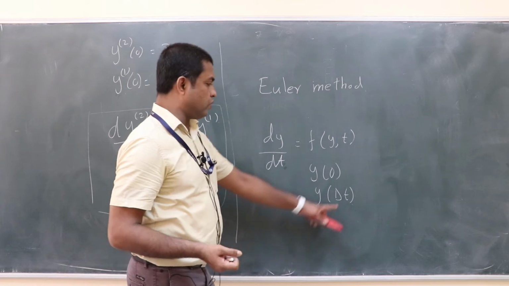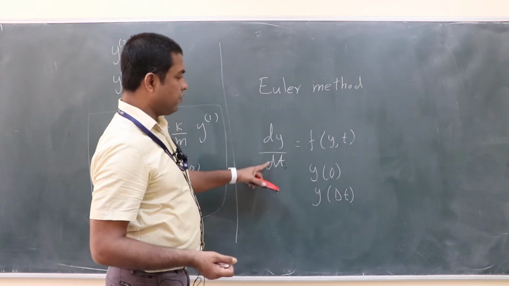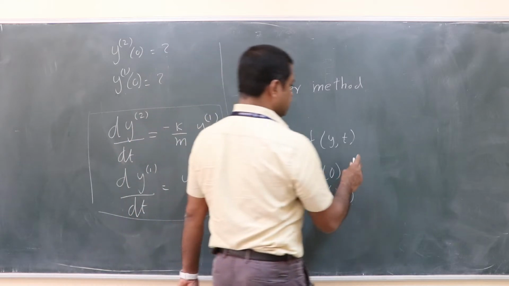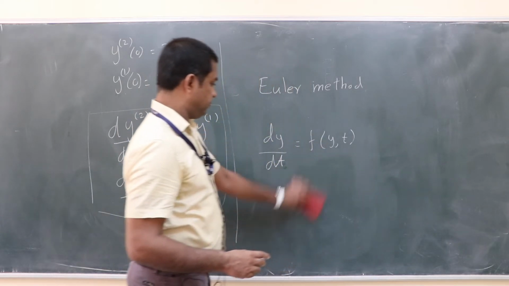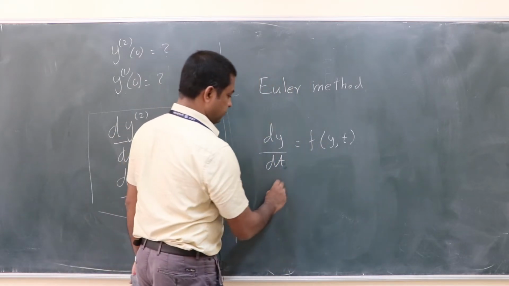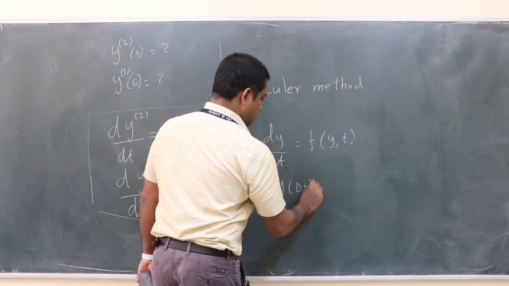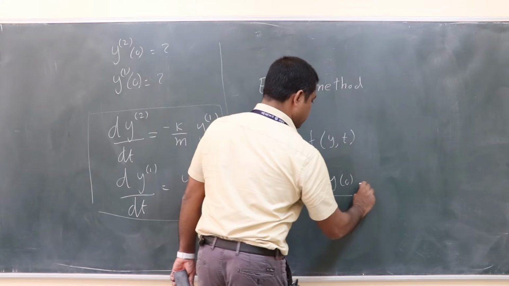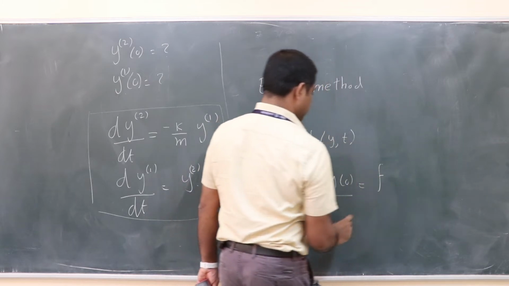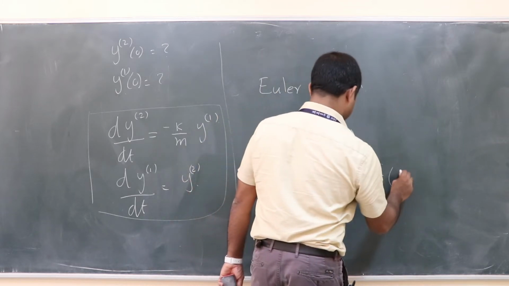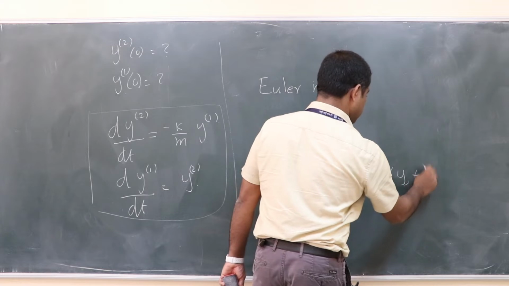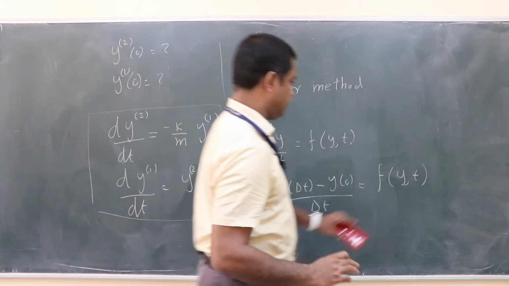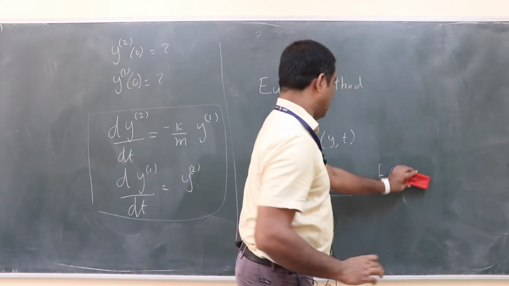If the time step is very, very small, I can write dy by dt on the left hand side as y of delta t minus y of 0 by delta t, which is equal to f of y and t at what time? It depends on which Euler.